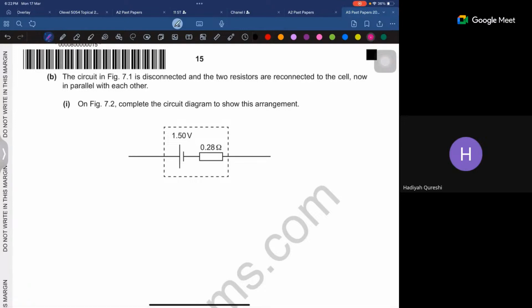So complete the diagram, show this arrangement. What arrangement? The circuit is disconnected and the two resistors are connected to the cell now in parallel to each other. Oh my goodness. Just make the arrangement, please.